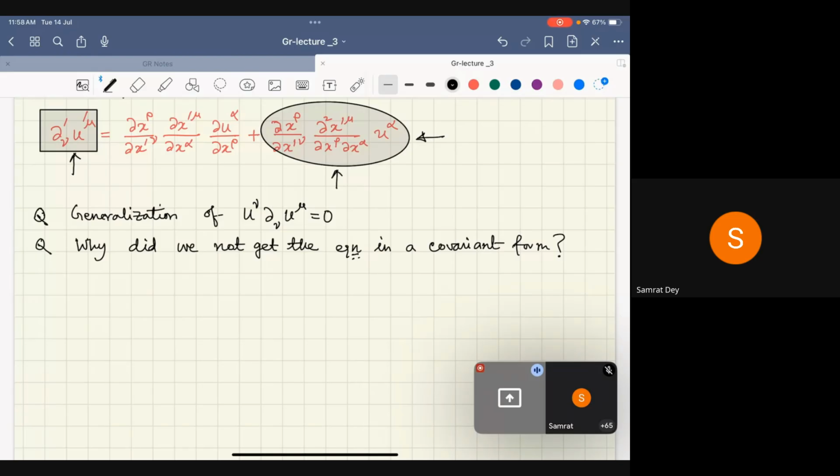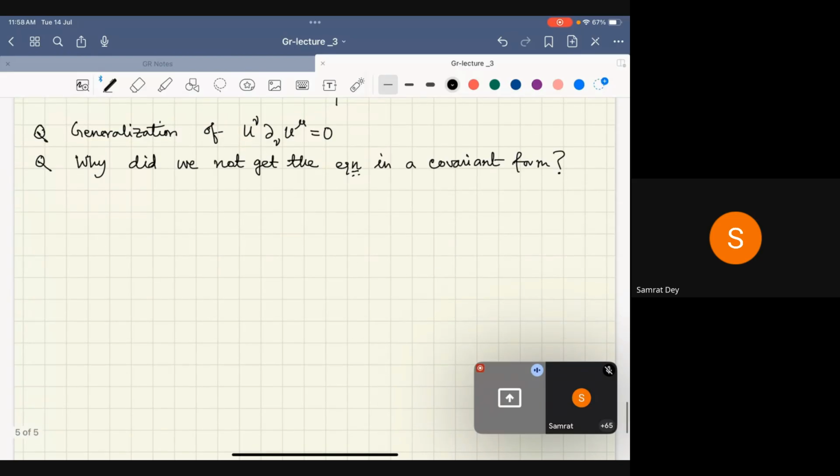This came because we started the whole discussion with an action which is not invariant, which is not generally covariant. The action that we took from our special relativistic approach was this. But we knew that this is not going to work, and that is why we had to introduce the idea of a metric, where this metric tensor g mu nu will depend on some x alpha, which is both space and time.